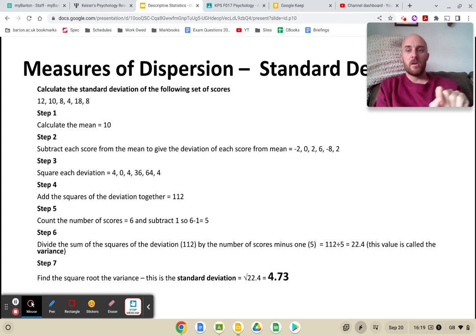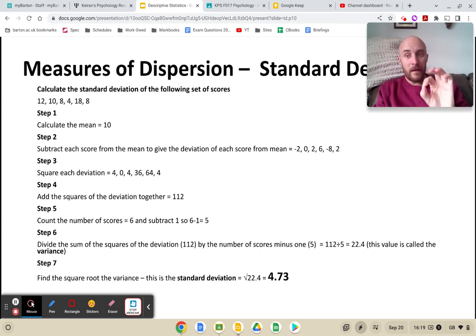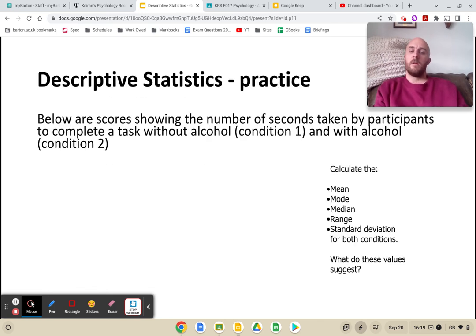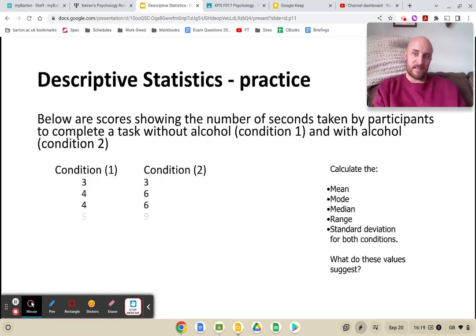It means in whatever data this is about, each value was on average 4.73 away from the mean. The higher the number, the more dispersed or spread out the data is, the more inconsistent the data is, the higher the standard deviation will be. So I hope that makes it clear.